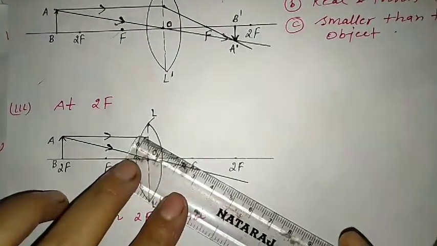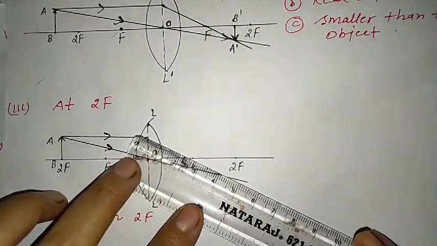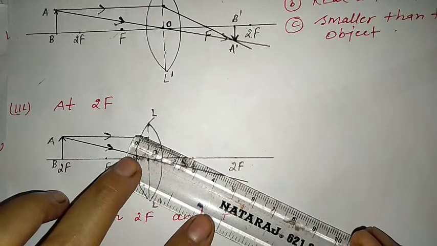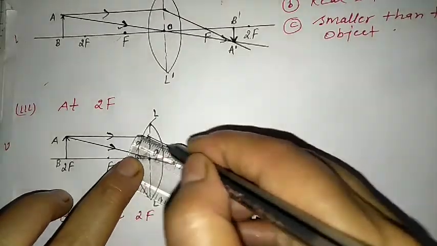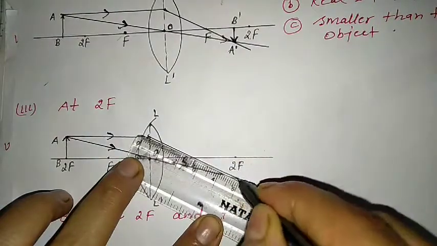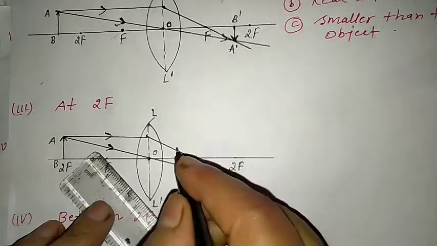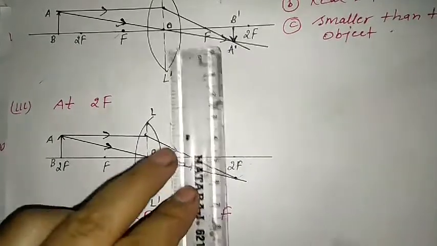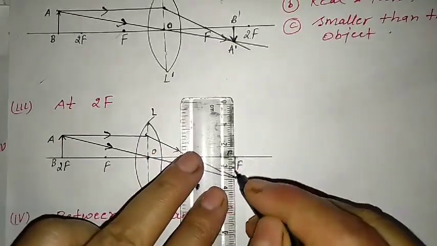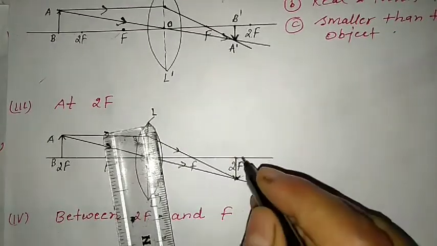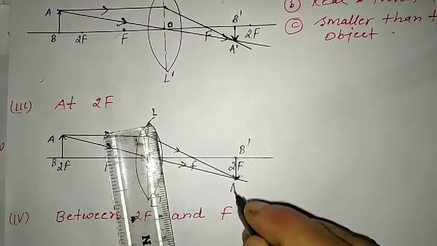After refraction, it will pass through the focus. So where will they meet each other? At 2F only. This is B dash A dash.